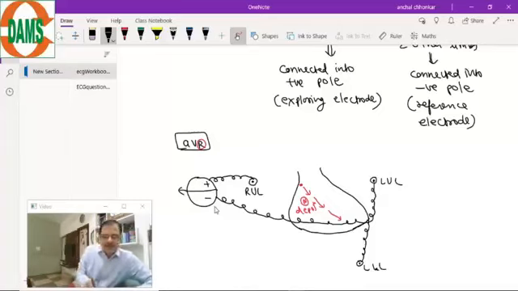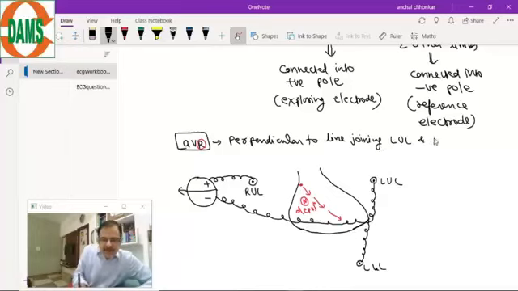So the vector of AVR will be perpendicular to the line joining the left upper limb and left lower leg. This will be the vector of AVR.